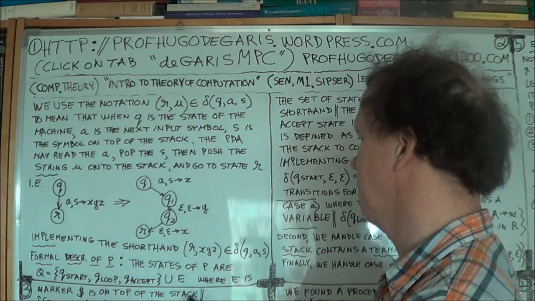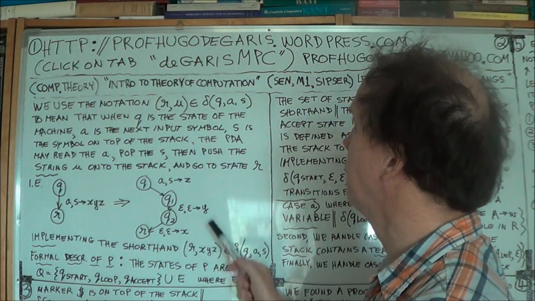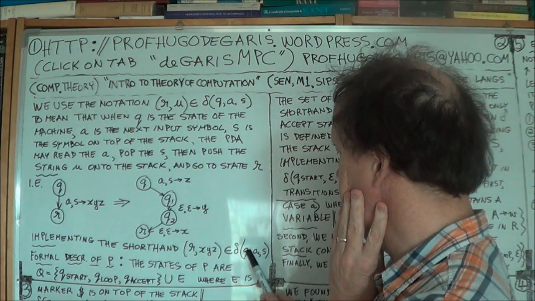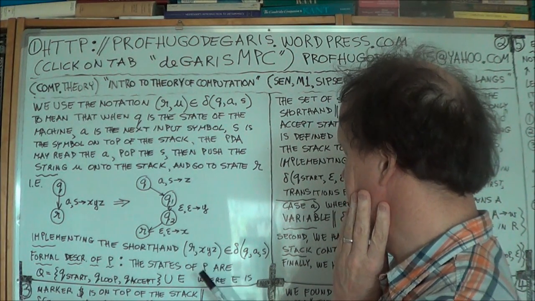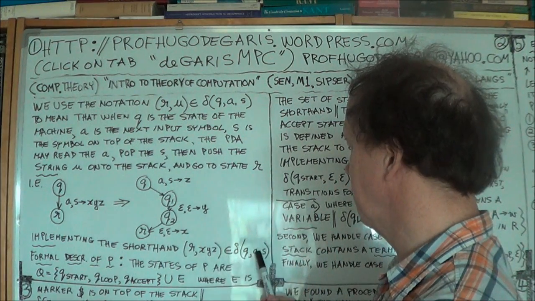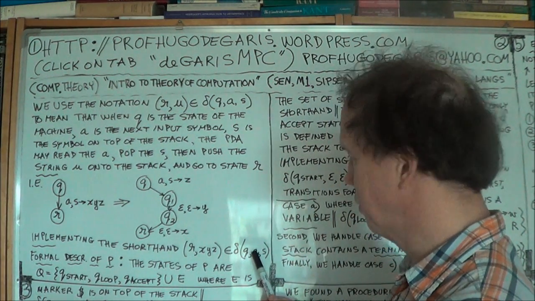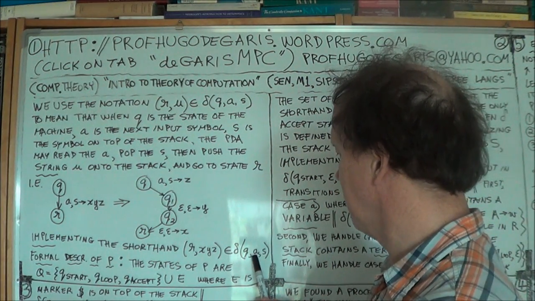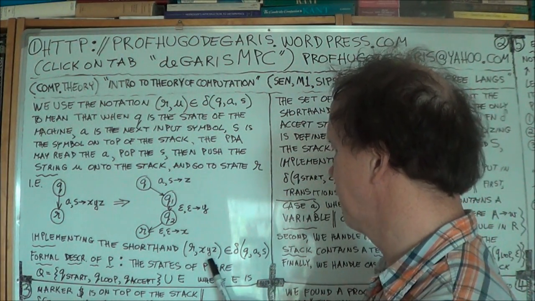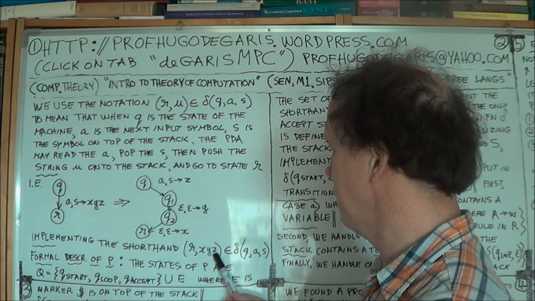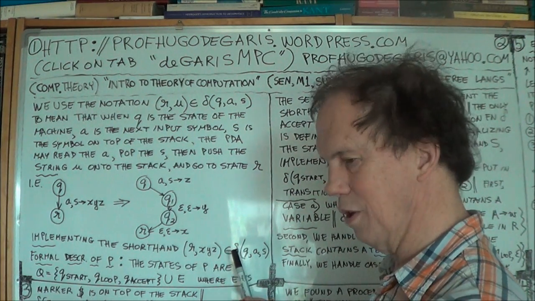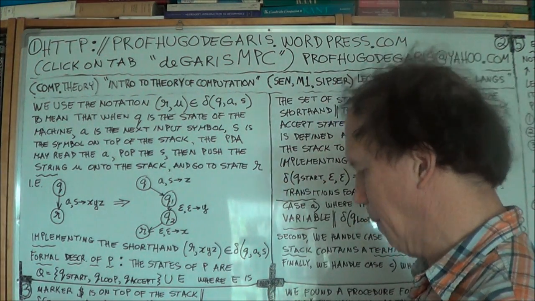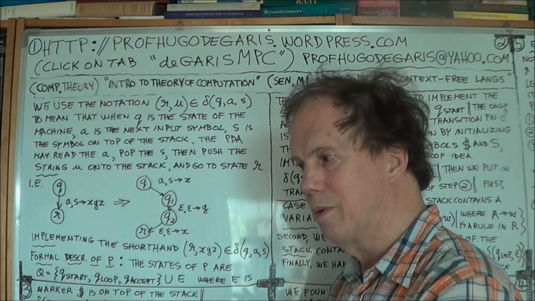So this would be your U here, the string U. Your string now is X, Y, Z. And you're going from state Q to R when you're reading on the input string A, and when S is at the top of your stack. So pop the S, push X, Y, Z, and change your state from Q to R. All right. Okay. So that's with that shorthand.